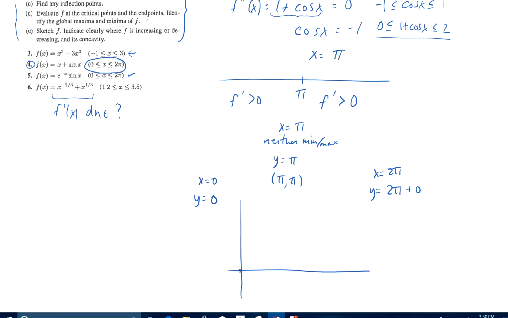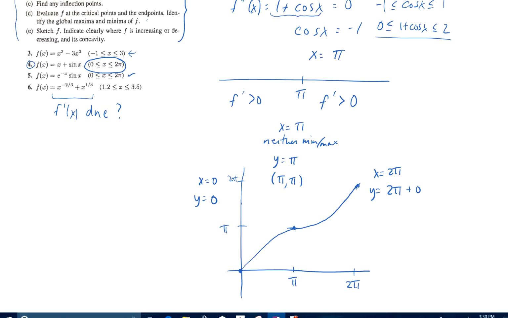I know it goes through the point (0, 0), then (pi, pi), and then out here, if we call that 2 pi, up here would be 2 pi. It increases to this point, but I know at that point it's got a flat spot because the derivative is 0. So it's got to come up, flatten off there, and then curve back up. Okay, so that's the sketch of it.